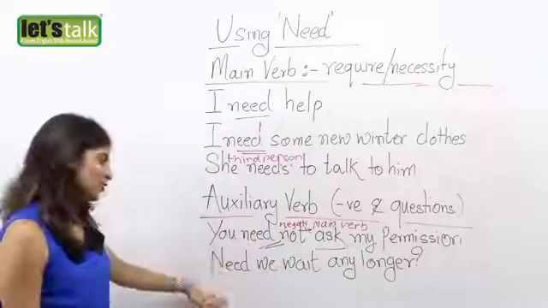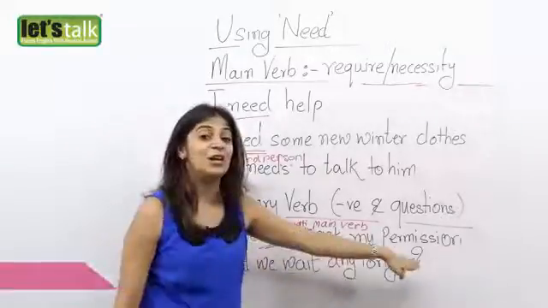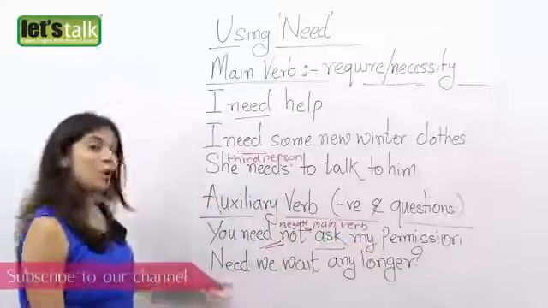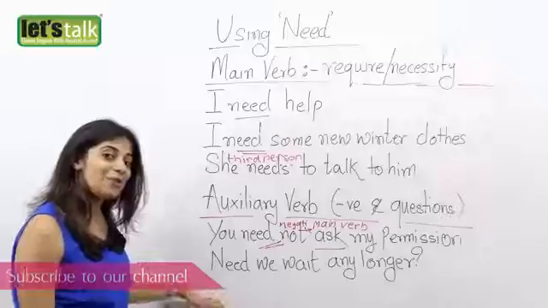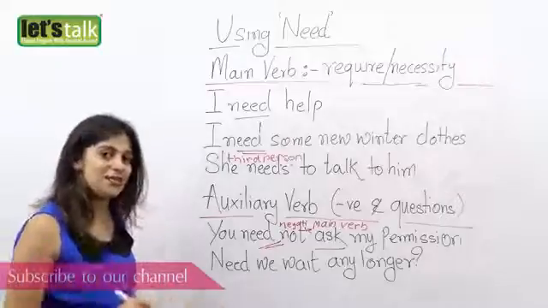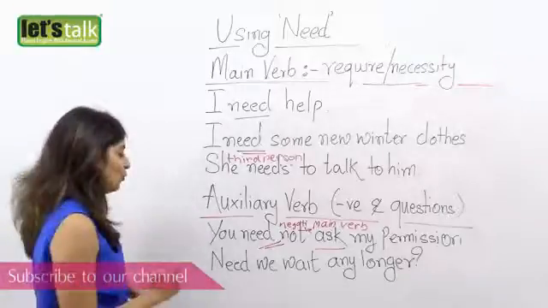Let's look at a question here. Need we wait any longer? Now this is a question here, need we wait any longer? If your answer to this is a positive answer, you would say, yes, you must.